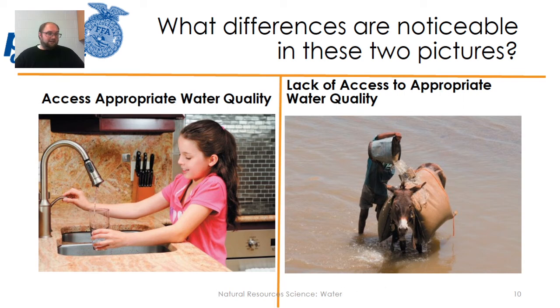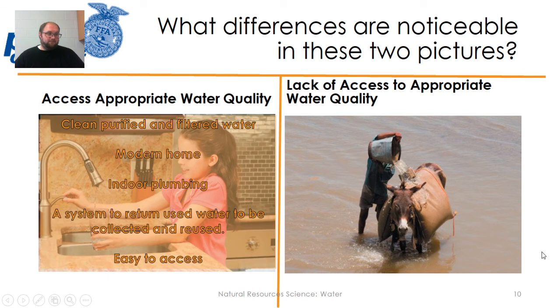So, now guys, these are some of the differences between these two photographs. First, we are seeing clean, purified, and filtered water in a modern home with indoor plumbing, a system to return used water to be collected and reused, and most importantly, easy access to that clean, purified, and filtered water.